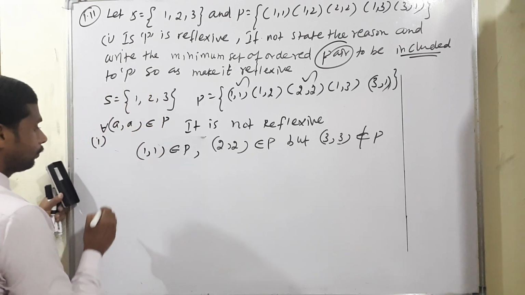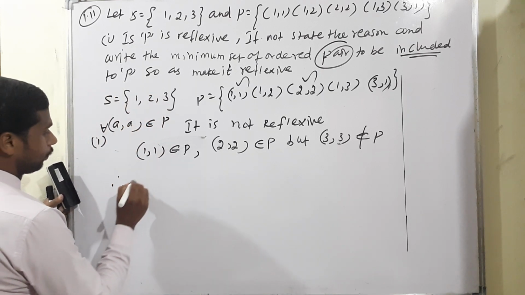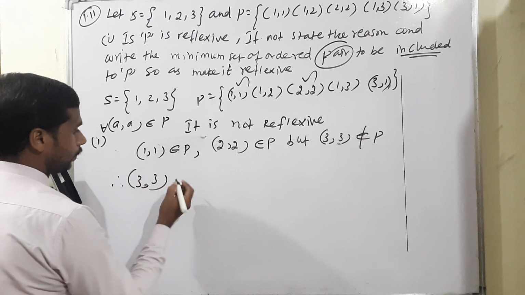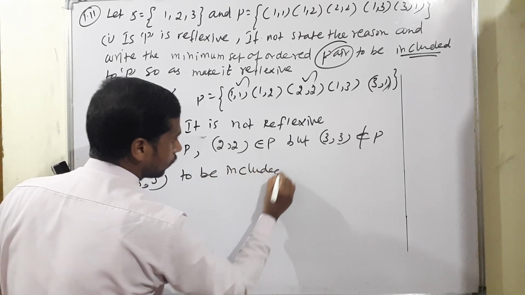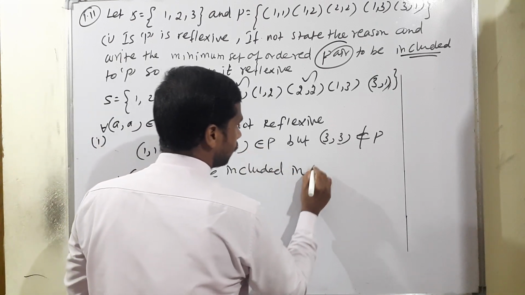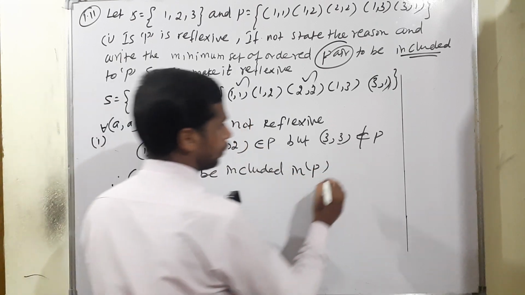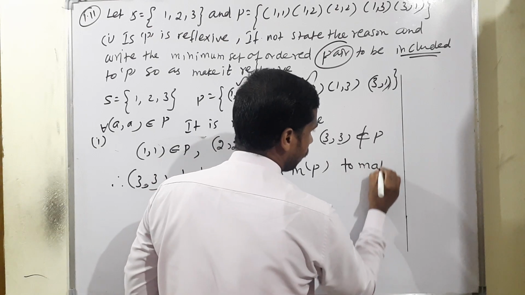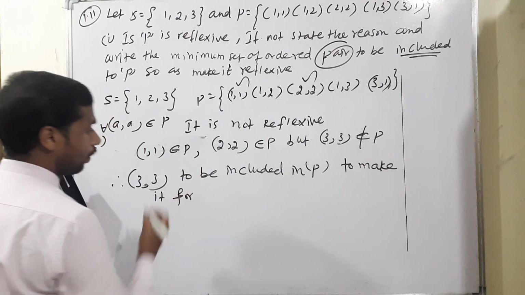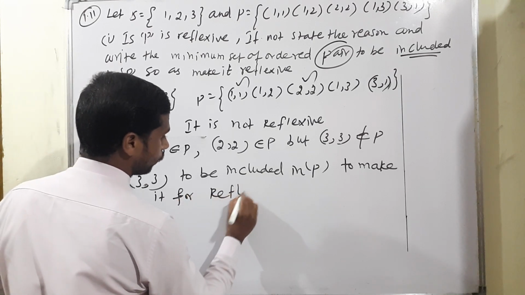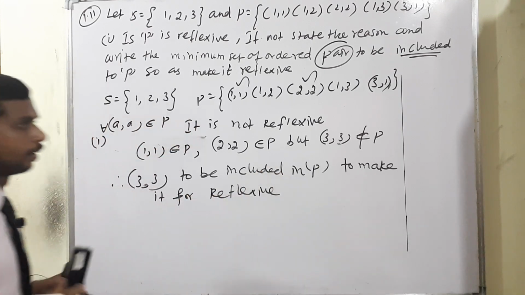Therefore (3,3) is to be included in the set P to make it reflexive.